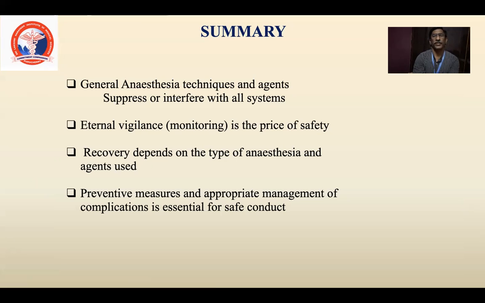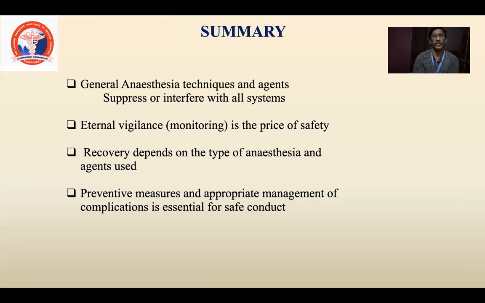If you are going to identify the complications like hypotension very early, then the chances of damage to the tissues will be less. The recovery depends on the type of anesthesia and agents used. Like remifentanil and fentanyl, they may have a faster recovery, while pethidine and morphine, they may not have quick recovery.